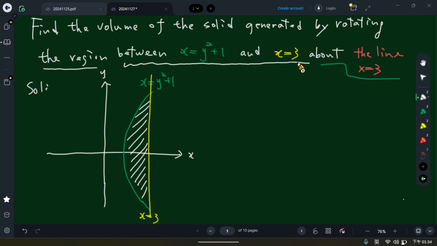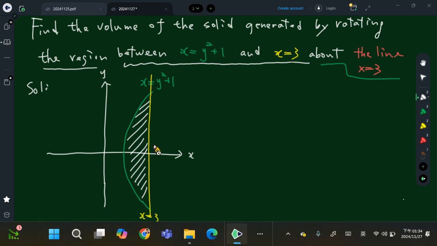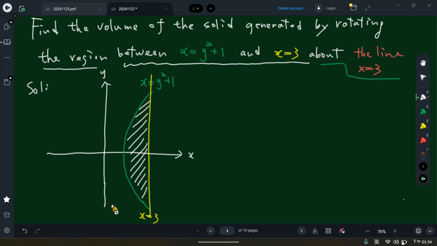So this step is just finishing drawing the region, right? If I give this and also give this, you get the plane region. If you have the plane region, then try to find its rotation axis. So the rotation axis is the line x is equal to 3. Luckily, it is here.